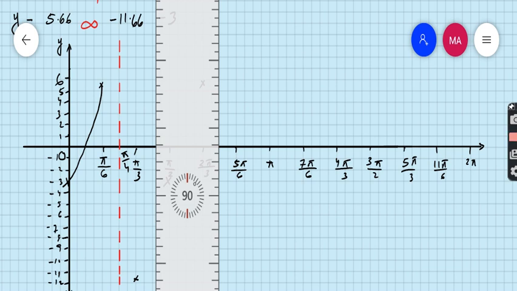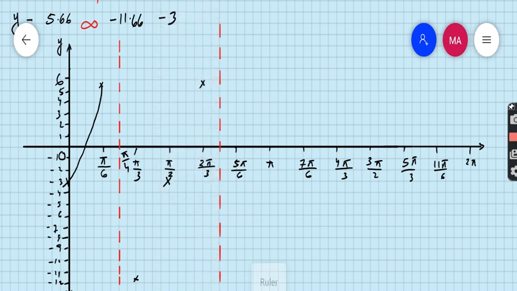Draw the red dotted line. And join this point as well.